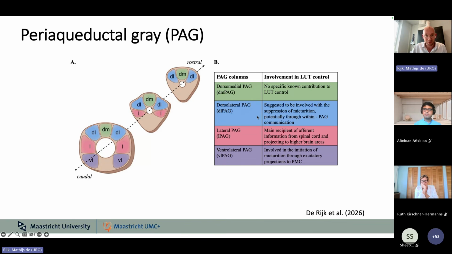And the dorsolateral PAG has been suggested to delay voiding, and a likely mechanism to do that would be suppression or inhibition of the pontine micturition center. That area does actually not have inhibitory connections to the pontine micturition center. So there might be connections between these areas that facilitate that.